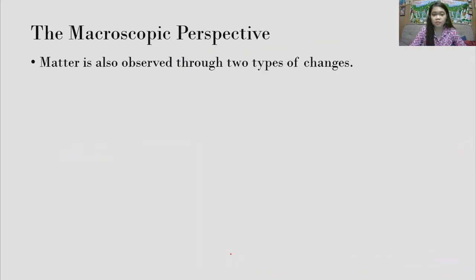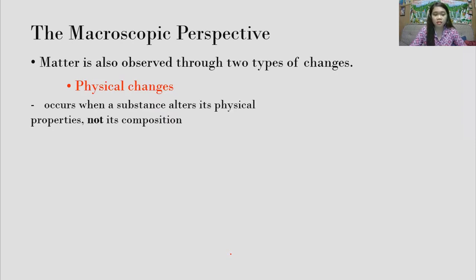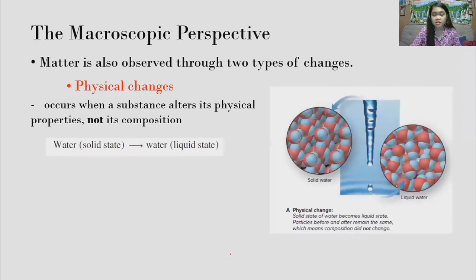So matter is also observed through two types of changes: physical changes and chemical changes. Physical changes occur when a substance alters its physical properties, but not its composition. An example is when ice melts. Water in its solid state becomes liquid when it melts.